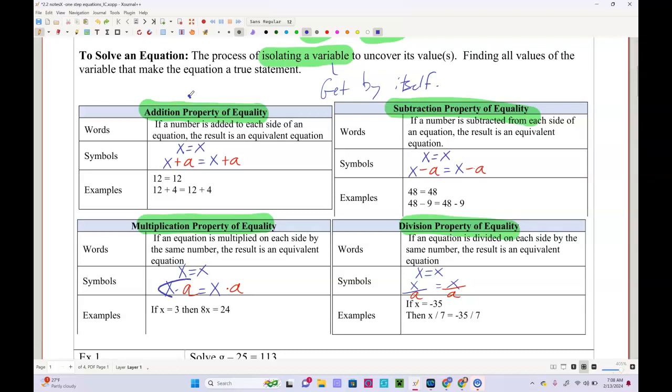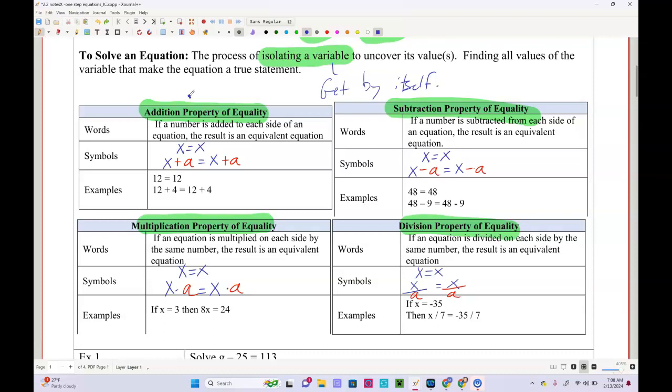If I multiply by the same number on both sides of the equation, then I'm going to have equivalent equations, or I will keep my equation in balance. The division property of equality over here, x equals x. If I divide both sides by the same number, I'm going to have the exact same solutions to the previous equation.